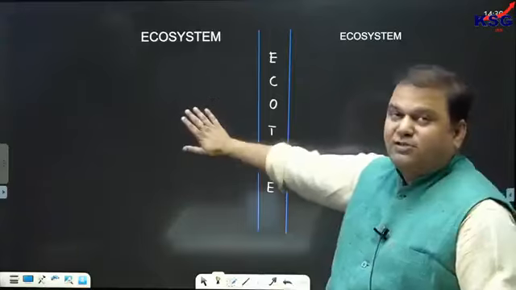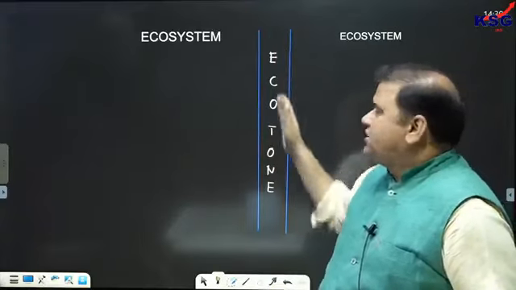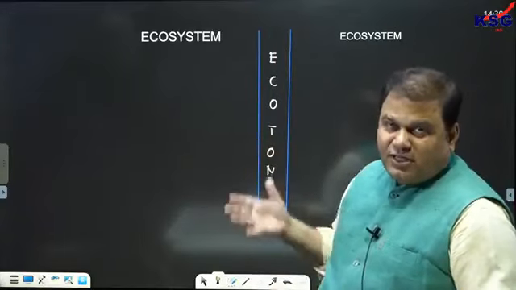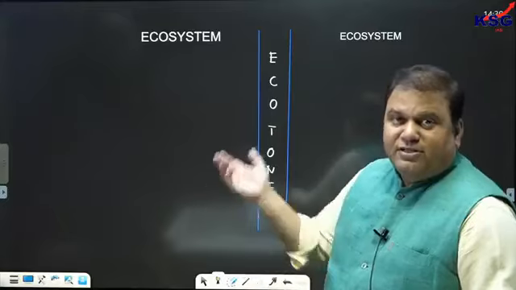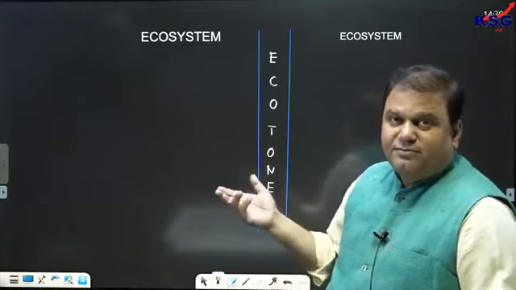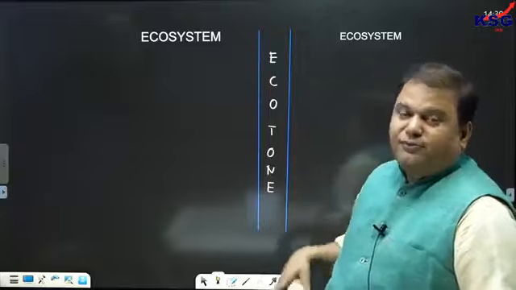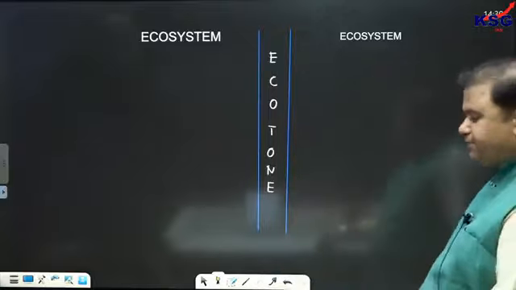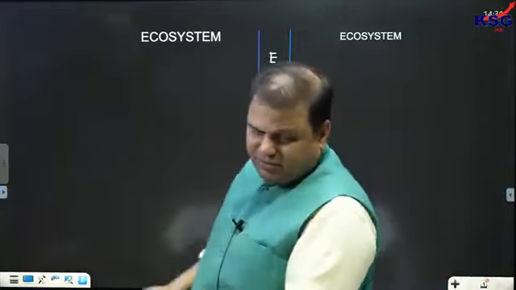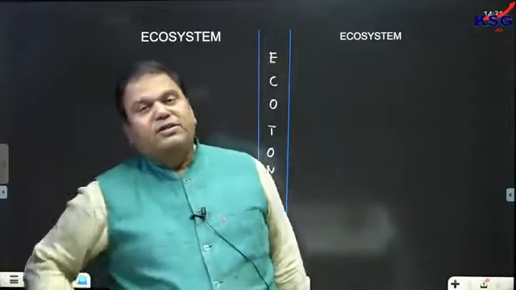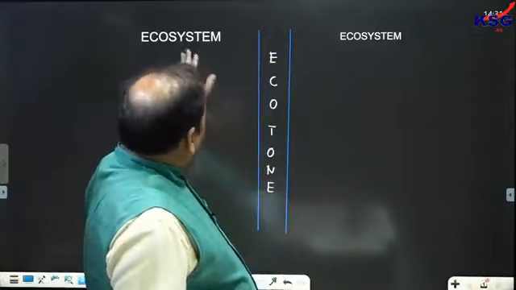Or suppose this is the river, this is the sea. This is the estuary. So estuary is also a demarcation zone between river ecosystem and marine ecosystem. So this would be called ecotone. So the first thing about ecotone is what?